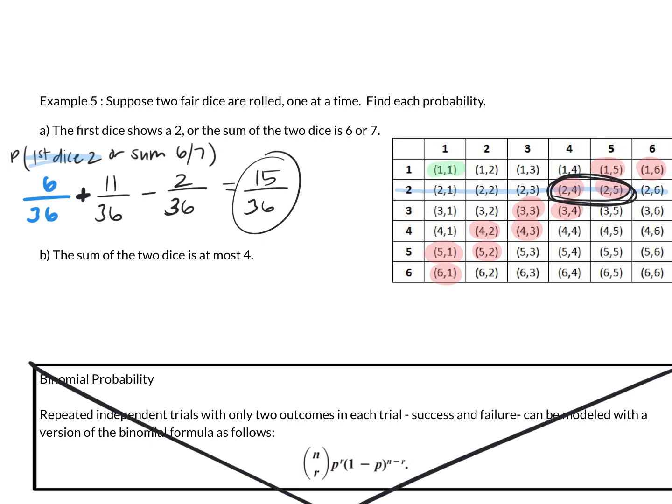I could have 1 and 1, that's 2, right? 1 and 2 is 3. 3 and 1 is 4. 2 and 2 is 4. 1 and 3 is 4, right? Those are the only things I can have for being at most 4 when I add them together, right? So in total, we have 6 out of 36. Or you could simplify it and say 1 over 6.